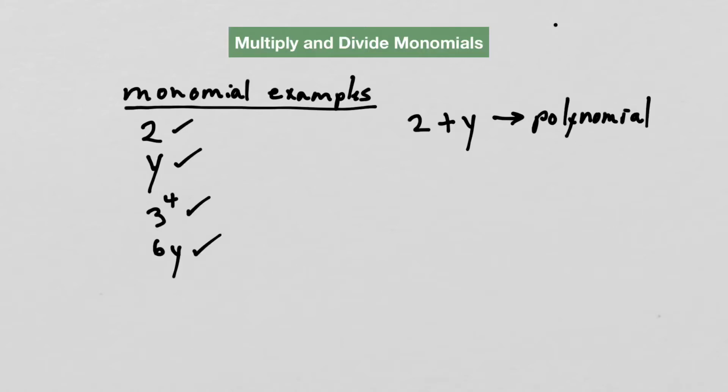Okay, so let's talk about multiplying monomials. Let's say you've got 2 to the 3rd power times 2 to the 2nd power. Okay, that is the same as 2 times 2 times 2 times 2 times 2.